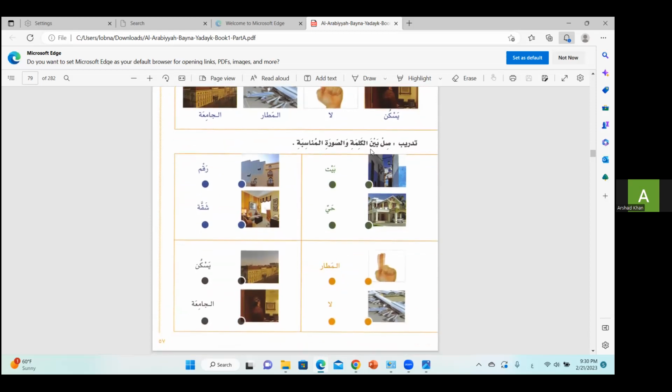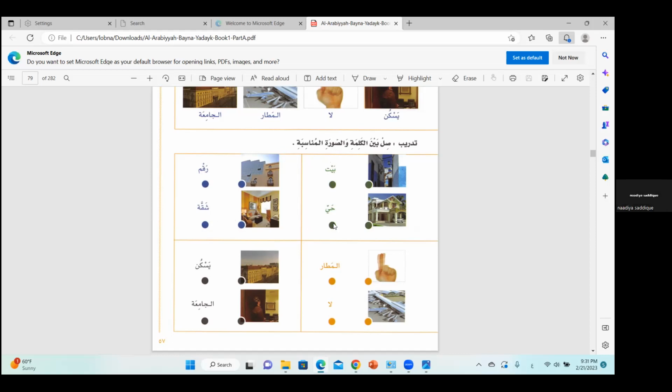صل بين الكلمة والصورة المناسبة, match the word with the suitable picture. Which one is رقم? This is a weird picture for that. شقة is very obvious. I don't know why this would be paired with رقم. شقة, أين الشقة? Which one is شقة? Top picture. جيد. وبيت.